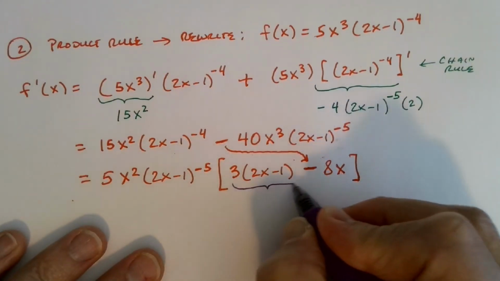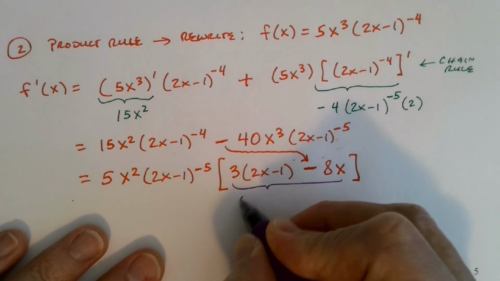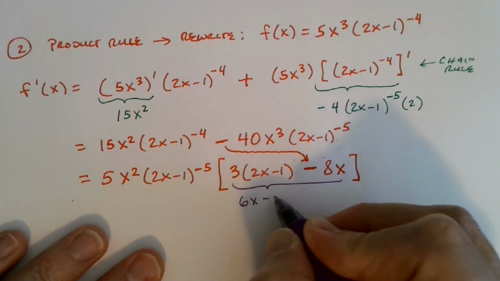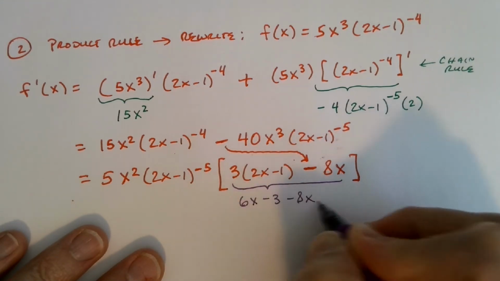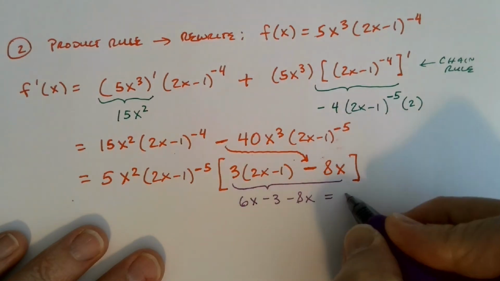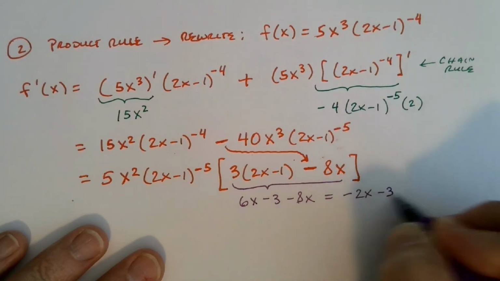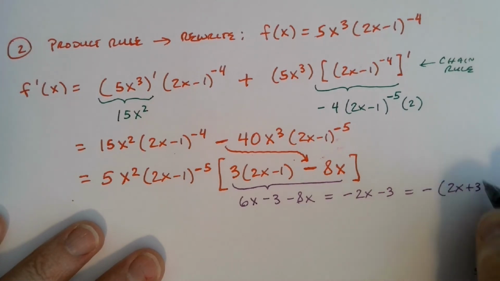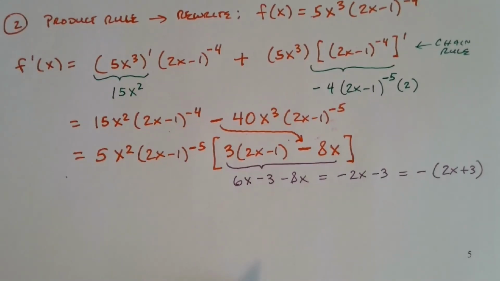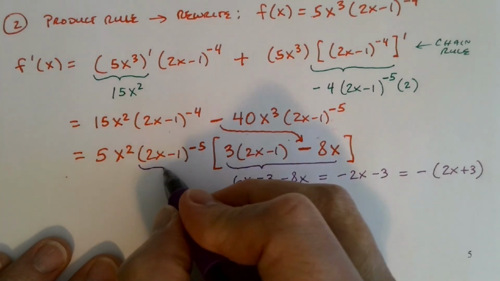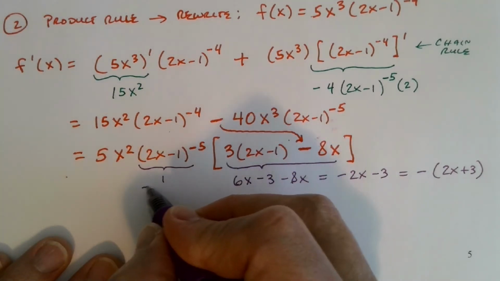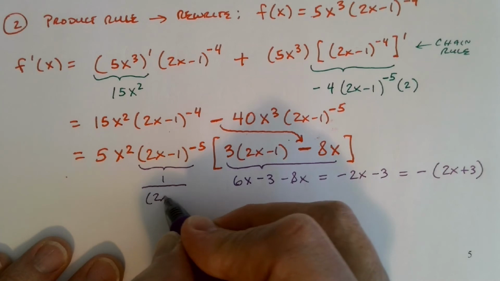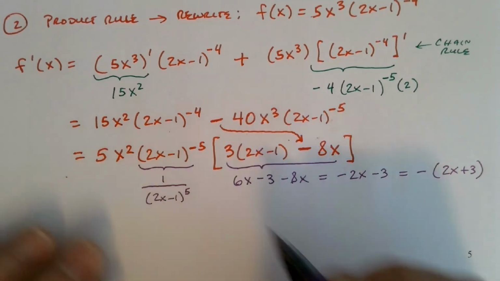And so this I can simplify, distributing the 3. 6x minus 3 minus 8x. I get 6x minus 8x, negative 2x minus 3, or again, factoring out that negative, negative 1 times 2x plus 3. Okay. Of course, this again I can rewrite now without the negative exponent as 1 over 2x minus 1 to the positive 5.